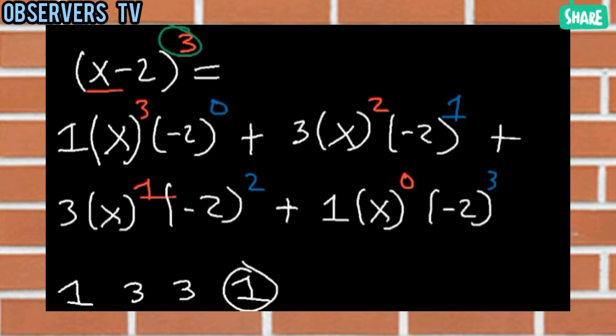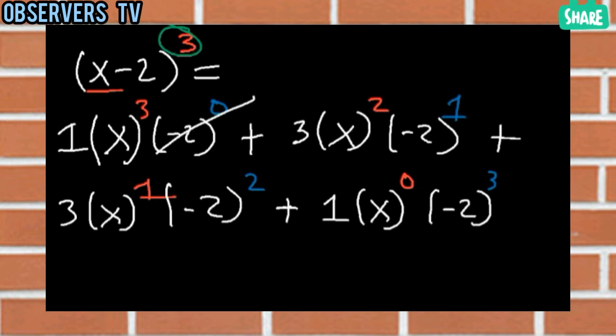So that's how you can use the binomial theorem. But now let's simplify the expression that we have. Anything raised to the 0 power is 1, so we can ignore this value. So the first term is simply x cubed. Now what about the next one? 3 times negative 2 is negative 6. So it's negative 6x squared.